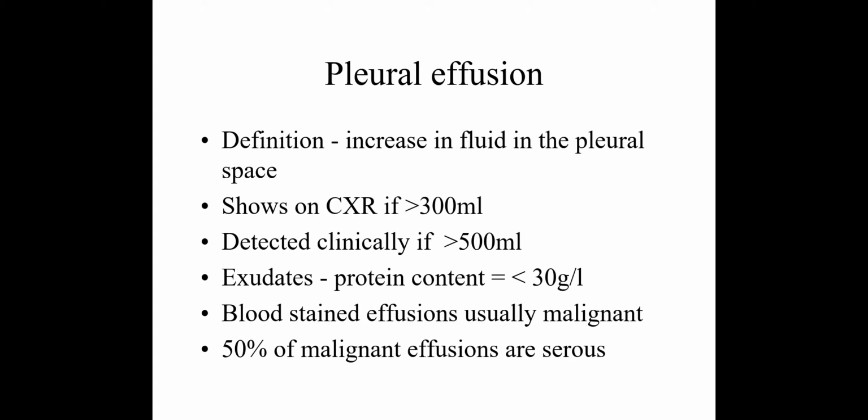You have findings on X-ray if it is more than 300 cc, radiologically detectable, while clinically, if it is more than 500 cc, you have clinical findings. It's either exudate, protein content more than 30 gram per liter; blood-stained effusion is usually malignant. 50% of malignant effusions are serous.